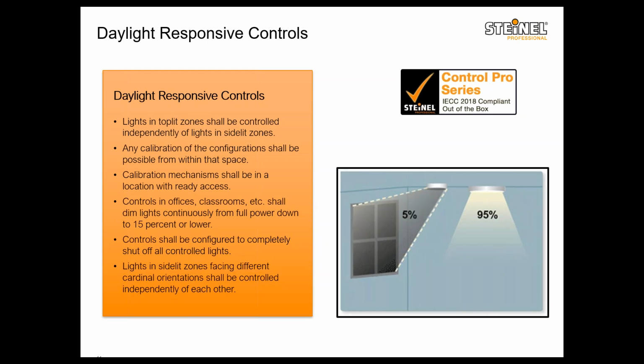Again, the next 2 points also go hand in hand. Controls in offices, classrooms, etc. shall dim lights continuously from full power down to 15% or lower. And controls shall be configured to completely shut off all controlled lights. What this means is, as you can see in this little video here, the lights shall be dimmed from 15% to 100% depending on the amount of light that's coming through the fenestration.